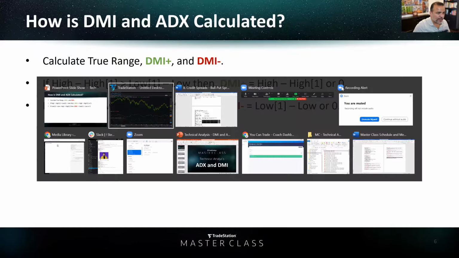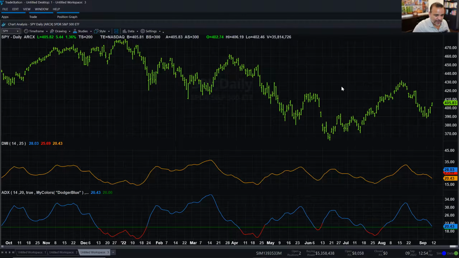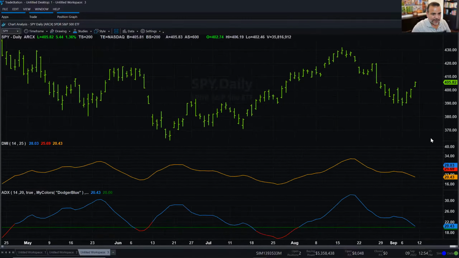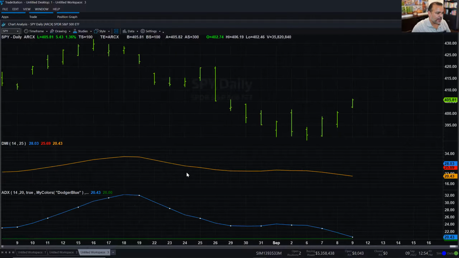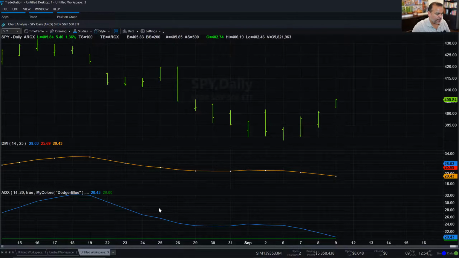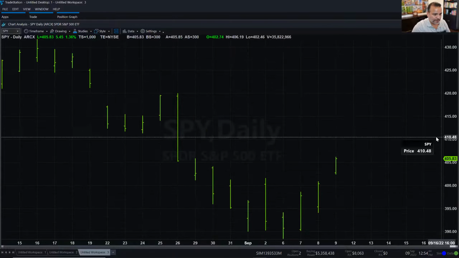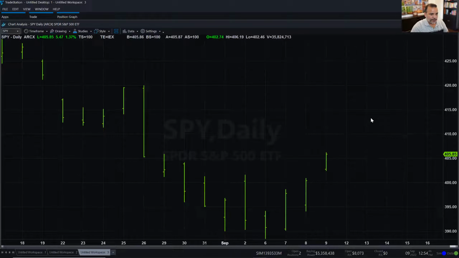I'm going to look at some bars here to see if I can make some sense out of this. Let me remove these indicators so that they're not in the way. This is the daily chart. I'm going to take a look at these two bars.